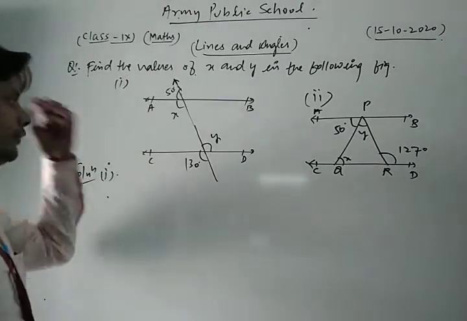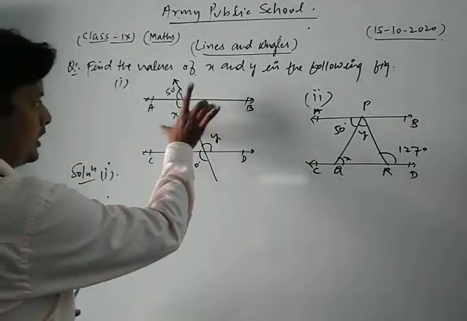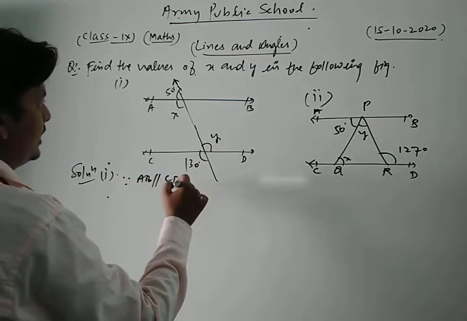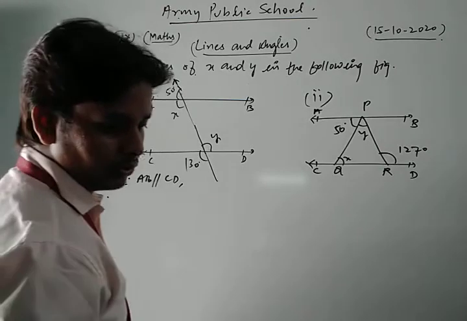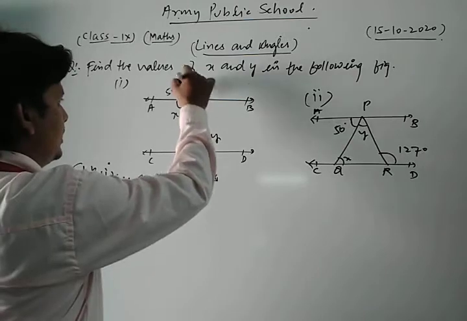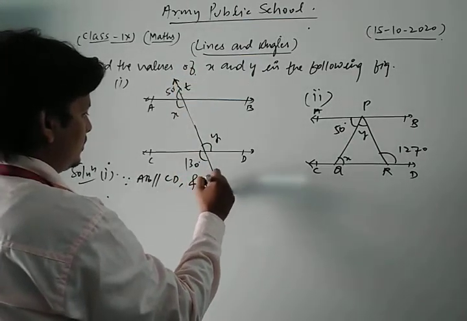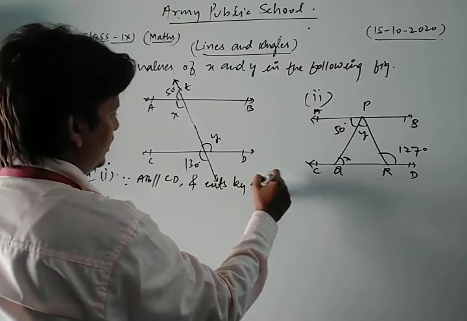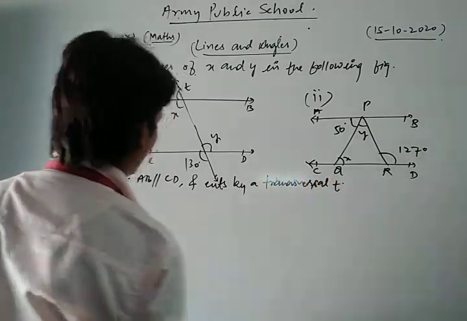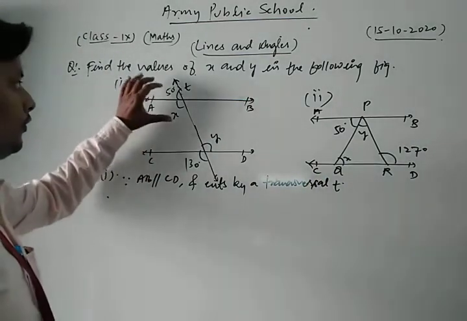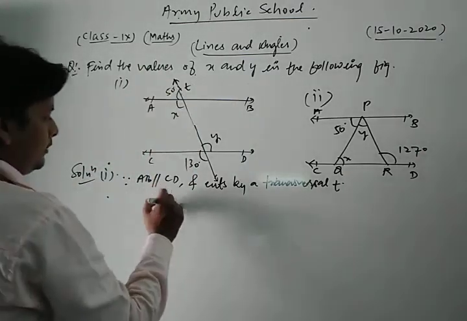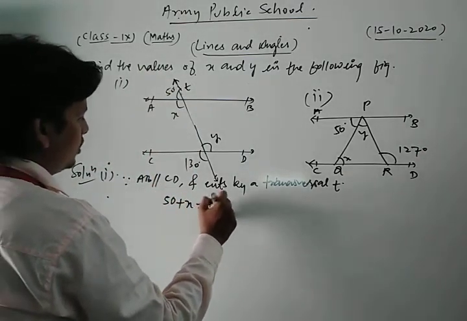In the first part, since AB is parallel to CD and cut by the transversal, suppose we take it as T. Then we know that these are a straight line, so the angles on it are 50 plus x equal to 180.